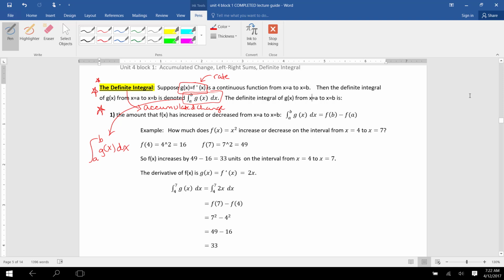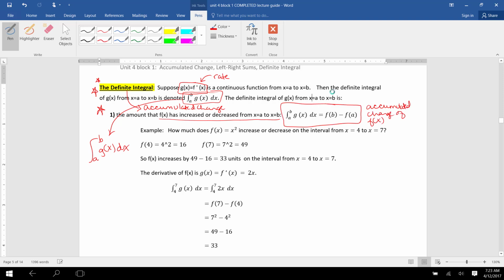So first of all, one way to think about it, the integral of g of x from x equals a to x equals b gives us the amount that f of x has increased or decreased from x equals a to x equals b. It is the accumulated change of f of x on that interval.